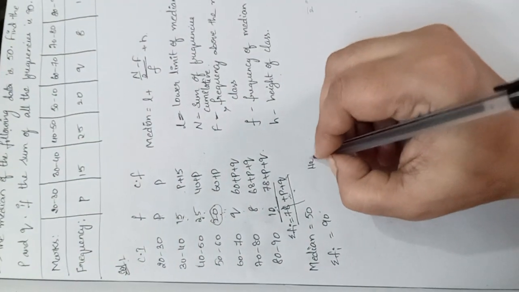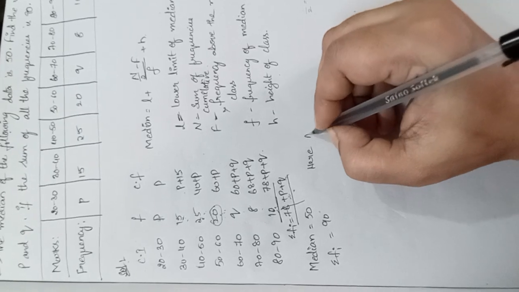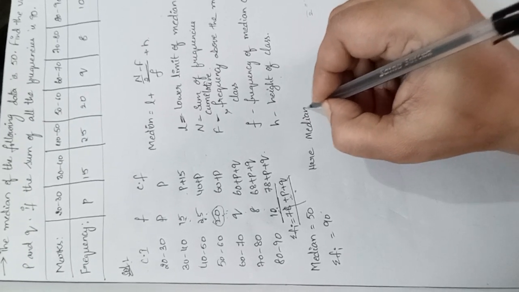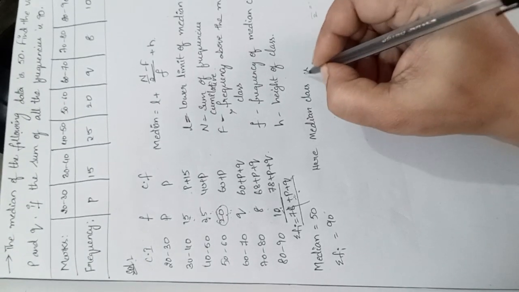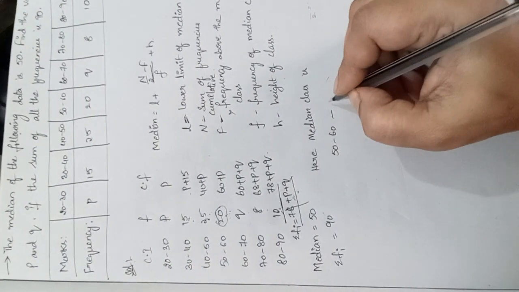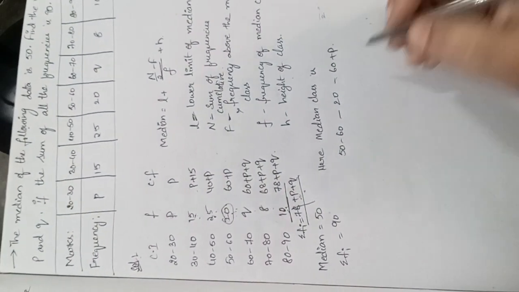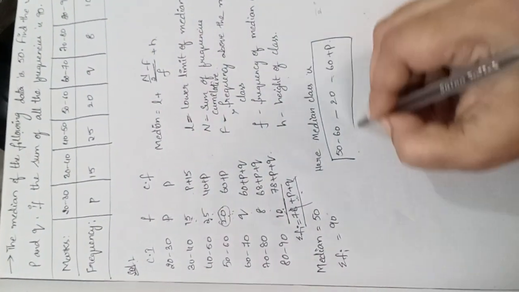Here, the median class is 50 to 60, the frequency is 20, and the cumulative frequency is 60 plus p, right? This is the median class data.